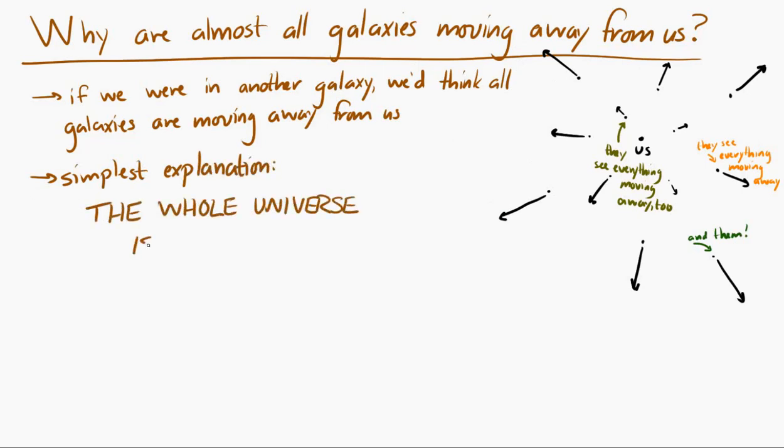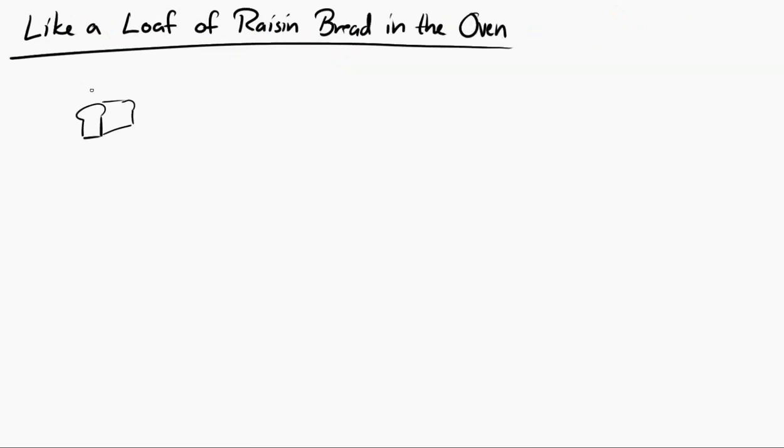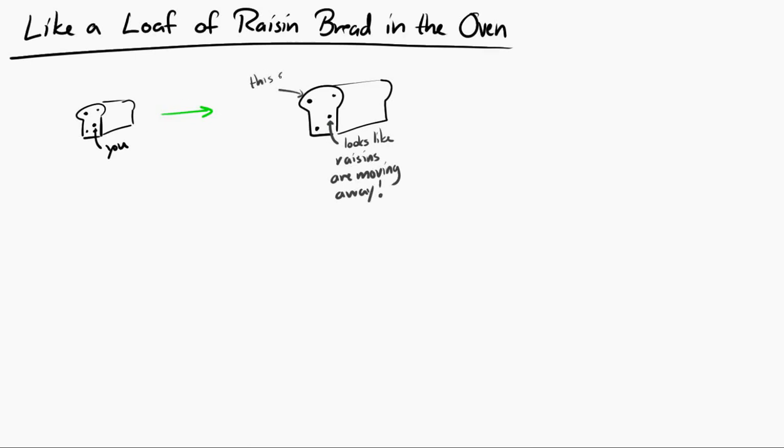A good analogy is a loaf of raisin bread put into the oven. If you are a raisin in the loaf, and the raisin bread is expanding in the oven, it would seem to every single raisin that every other raisin is moving away.